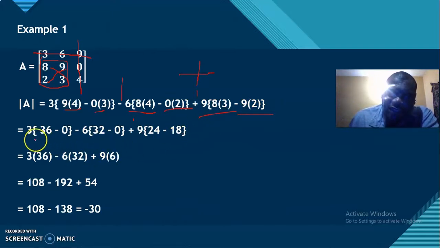So if you solve it, 36 minus 0 is equal to 36. 32 minus 0 is 32, plus 9 open brackets, 24 minus 18 is 6.